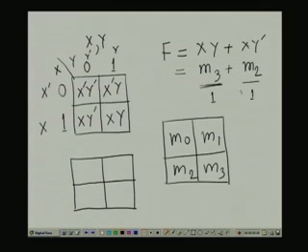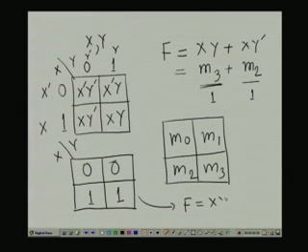So m 3 and m 2, the last two will be 1 1 and the remaining positions will be 0 0. This is the Karnaugh map representation of the function f equal to x y plus x y bar.